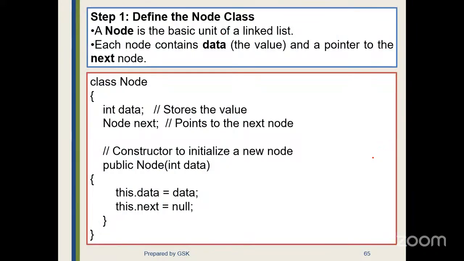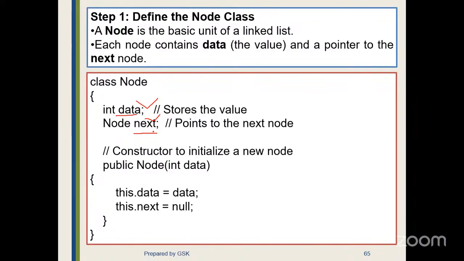Now this is the code. We started the code explanation also in the last session. First, we need to define the node, because what you want to maintain in the node, you need to specify. As I said, in every node, we have one data element and one next. Next is nothing but one pointer: one data and one pointer. Data is stored to hold the elements. Pointer is stored to point to the next node.